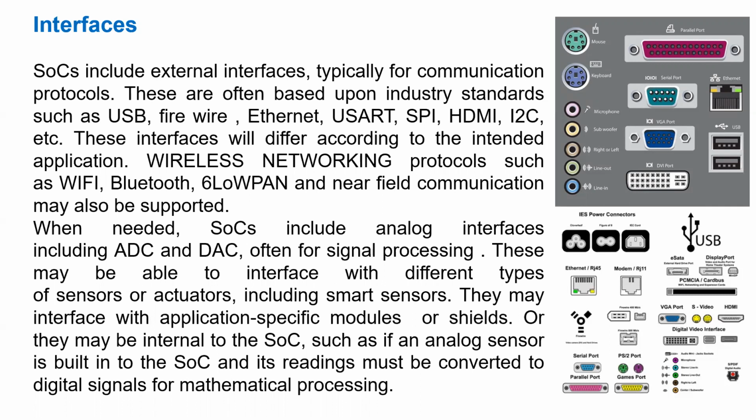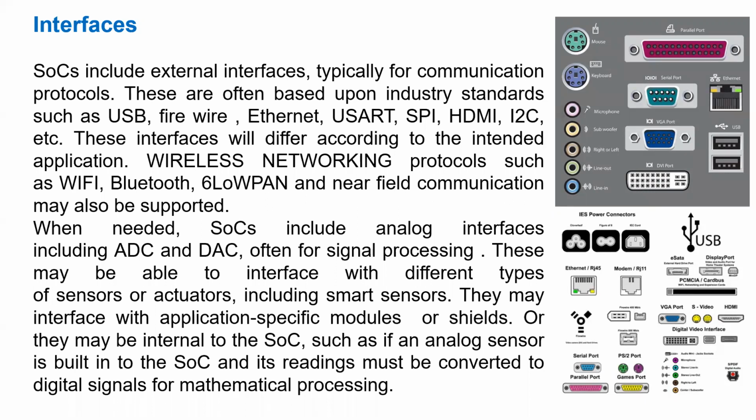Basically, data is collected from sensors, it is processed and it is made available to actuators. So that is what is done. When data is acquired from a sensor, it has to be converted to digital form in order to process it. After processing, the data is available in digital form, and in order to operate the actuator, the data needs to be converted into analog form. So for that purpose, a digital to analog converter is also used.